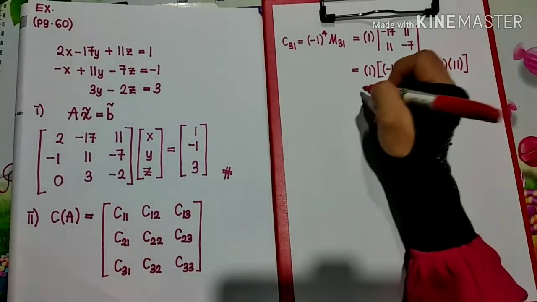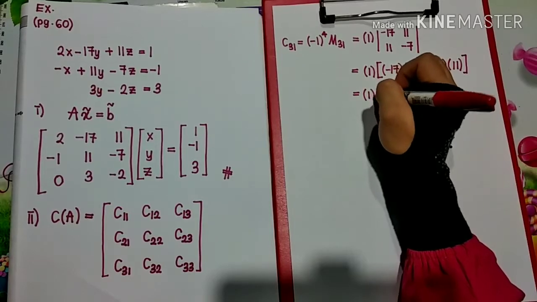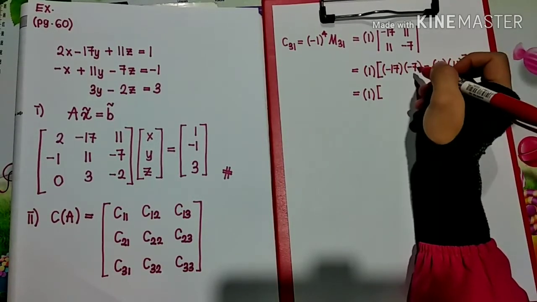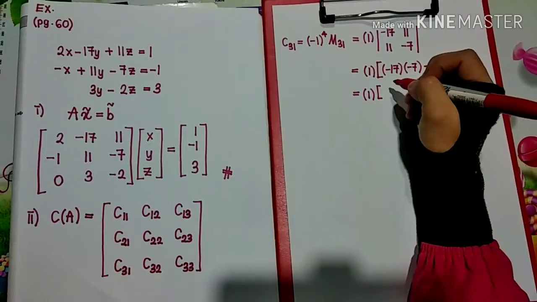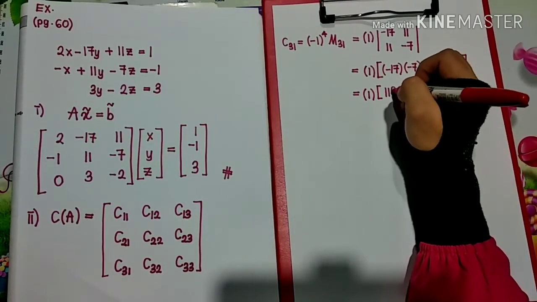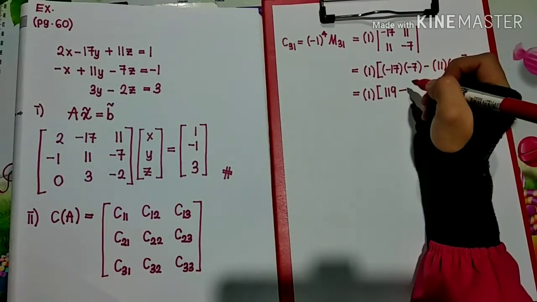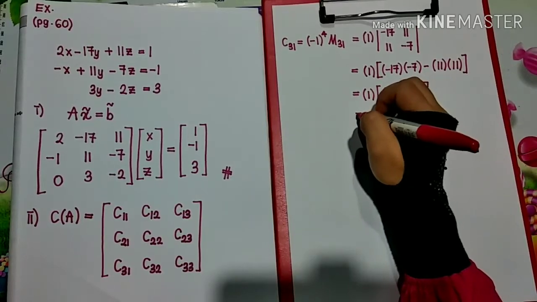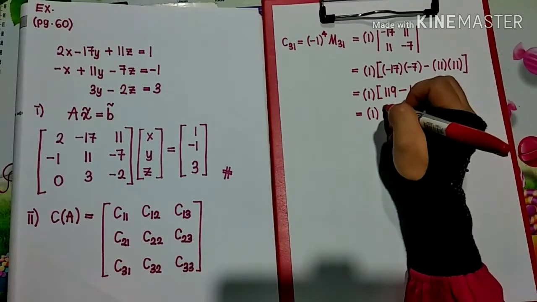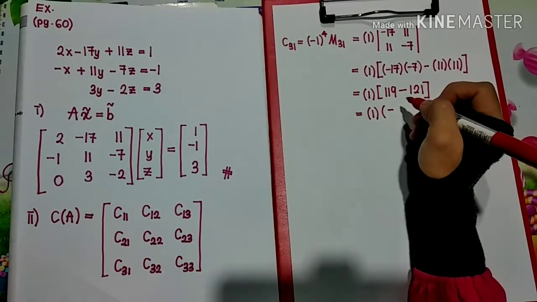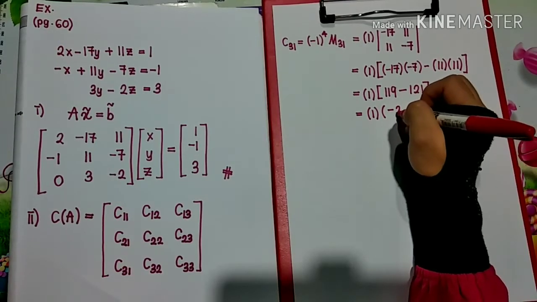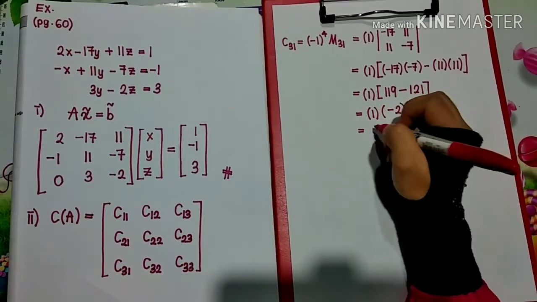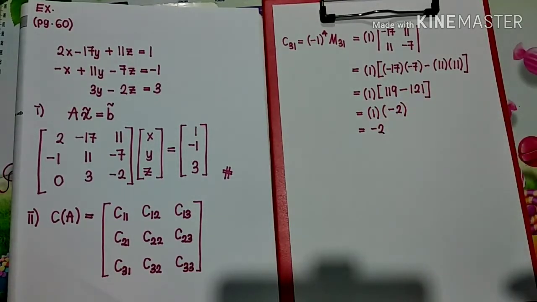So we solve for this one. This one will be 1. So negative 17 multiplied with 7, you will get 119, minus 11 multiplied with 11, you will get 121. So we solve for this one. And this one, what you will have here? 119 minus this one, you will get negative 2. And then the answer will be negative 2.